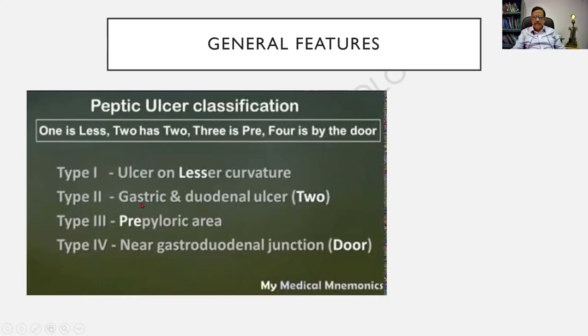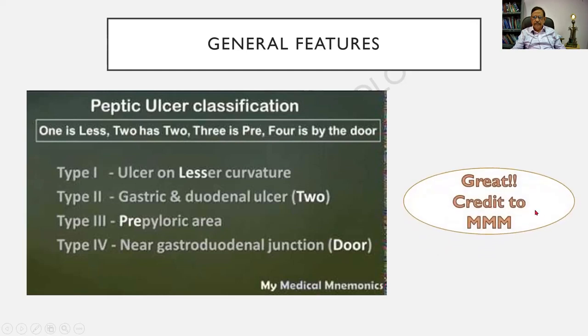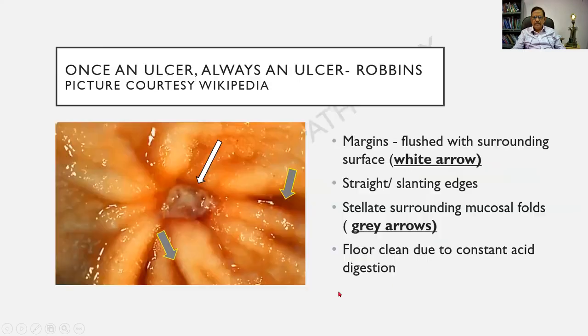That means it occurs in the gastric and duodenal regions. 3 is pre, the pre-pyloric area. And 4 is the door, which means near the gastro-duodenal junction, which means the door. So this is a superb mnemonic I would like you people to memorize. And credit to Triple M, my medical mnemonics.